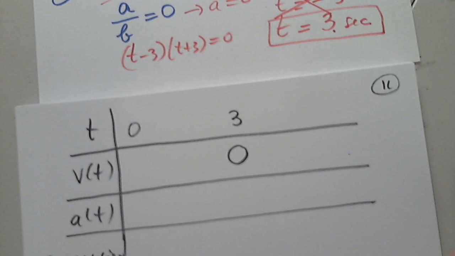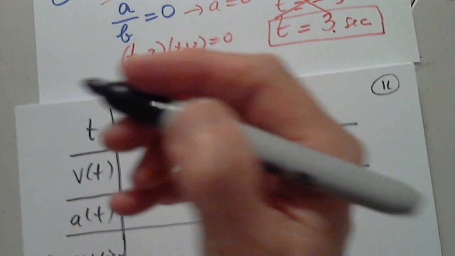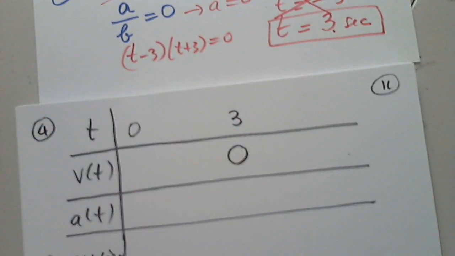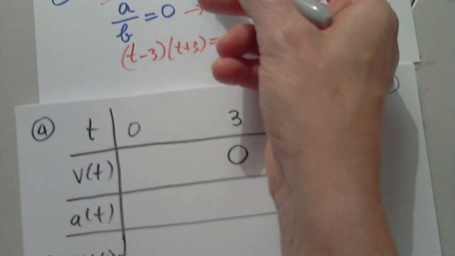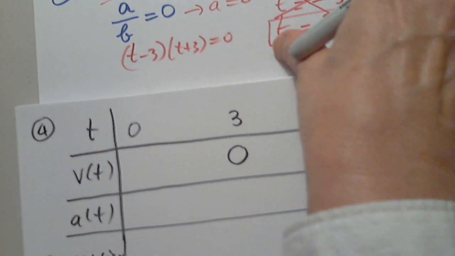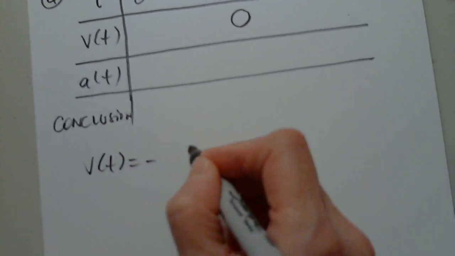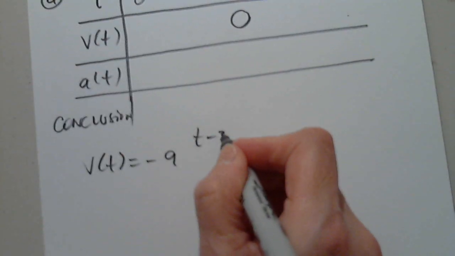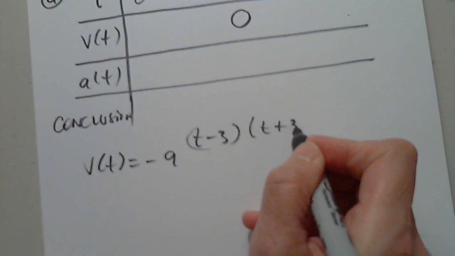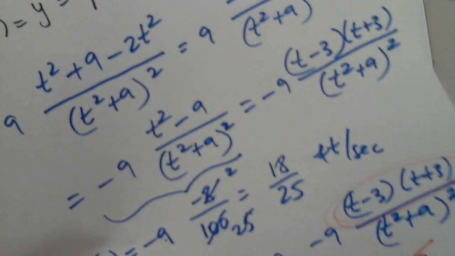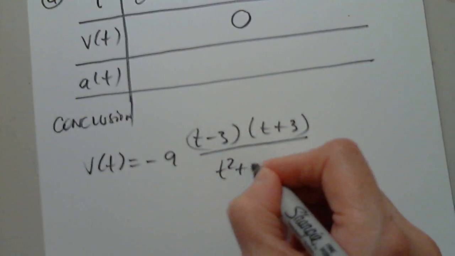We're asked when it is going in the positive direction, when it is going in the negative direction. Okay, so remember I have the velocity, so I'm going to write it here one more time. So I have the velocity, negative 9 times t minus 3 times t plus 3, over t squared plus 9 squared.